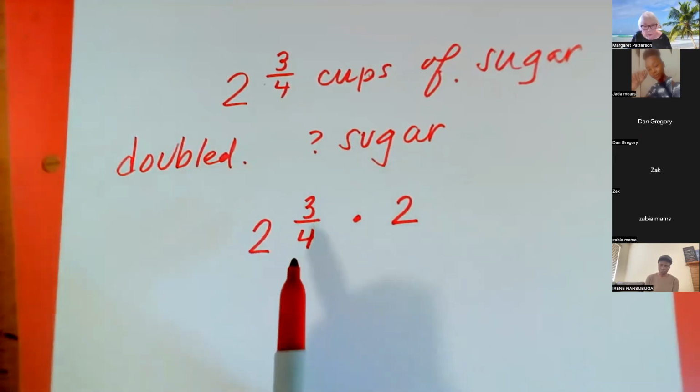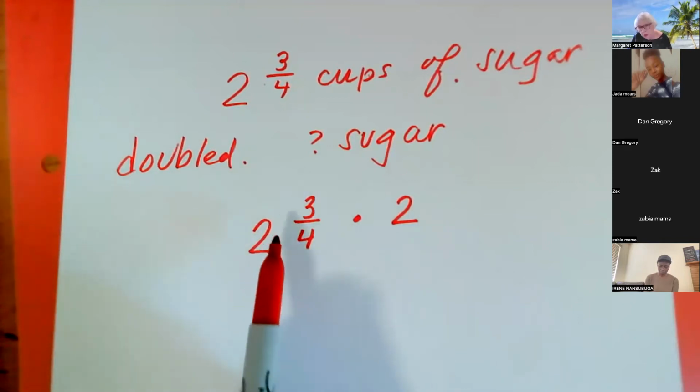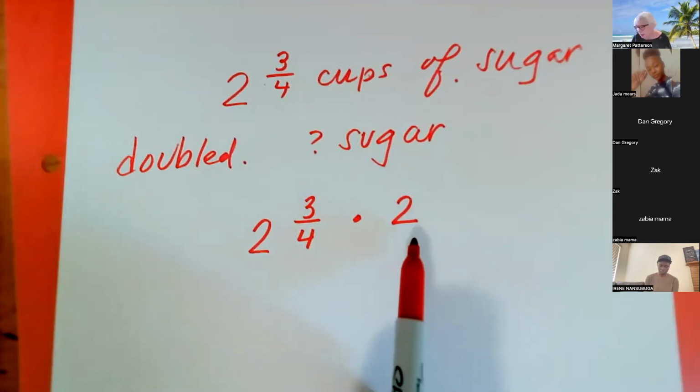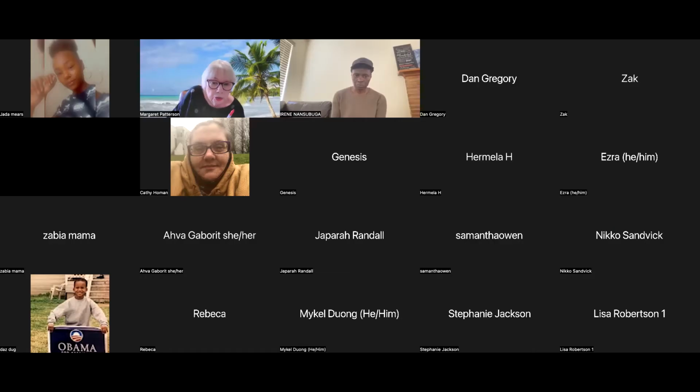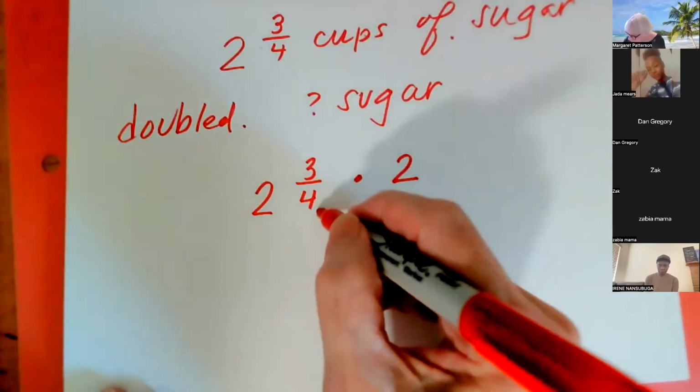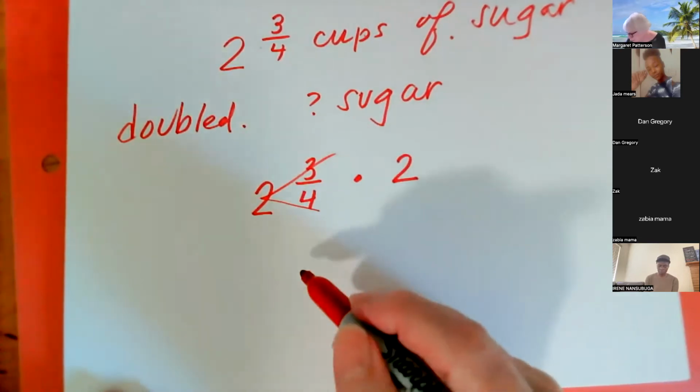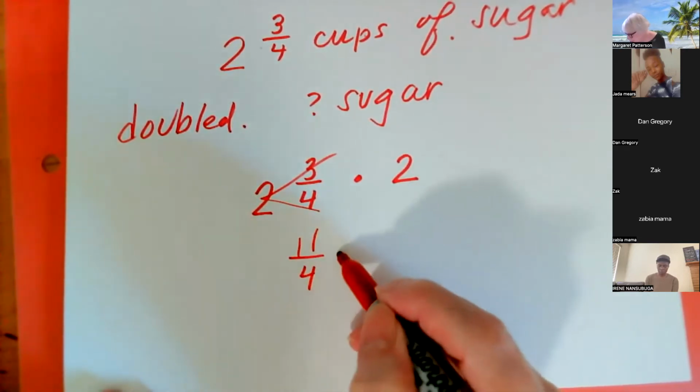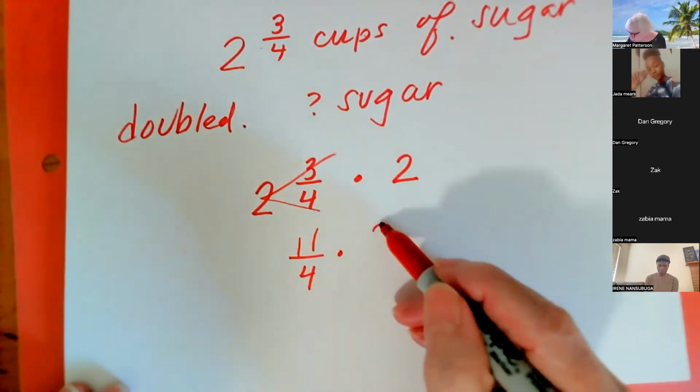So it's 2 3/4 times 2. So both of these numbers need to be turned into simple fractions. So the first one, 2 times 4 is 8, plus 3, if you're writing notes. This is 8 and 3 is 11 over 4. This 2 needs to be 2 over 1.